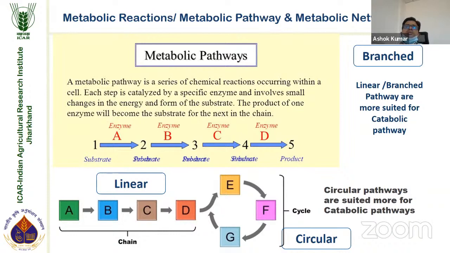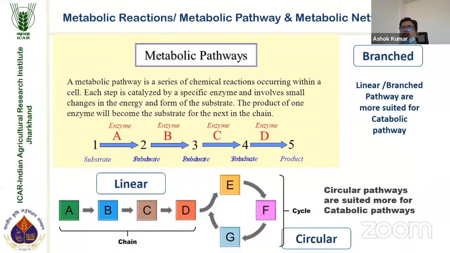Then it is called circularity. In a linear pathway, there is one substrate which is completely different from the products, so the product cannot enter the linear pathway again. But in a circular pathway, you have a product which is also a substrate.